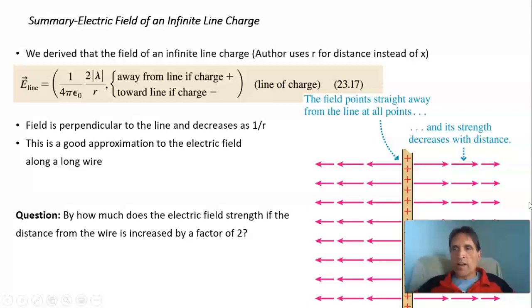Okay, how much weaker is it going to be than when we were at some distance r? Okay. And this is easy. We replace r by 2r, and the electric field is only half of what it was at a distance r. So every time we double the distance from the wire, our electric field is half as strong as it used to be.